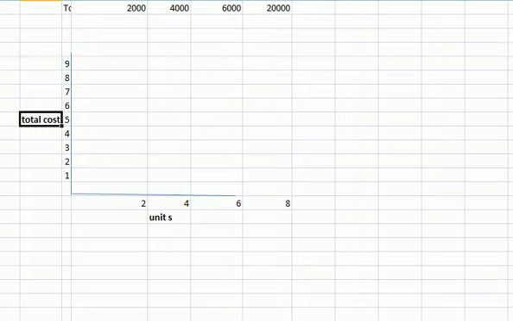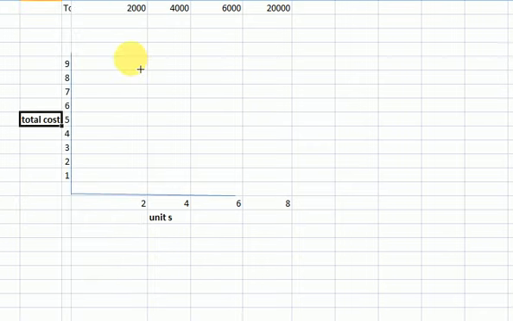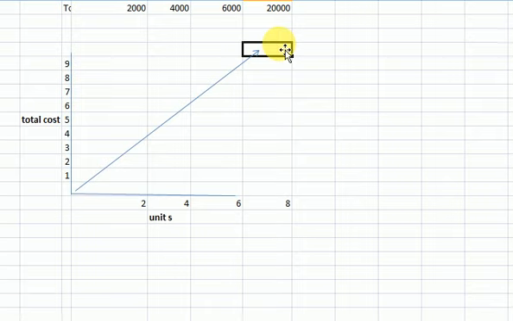I will show the variable cost like this one. When units are increasing, variable cost is also increasing. That is variable cost.